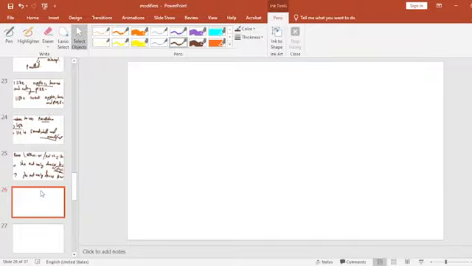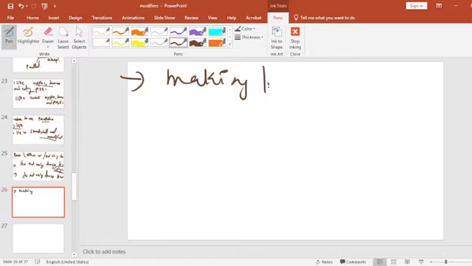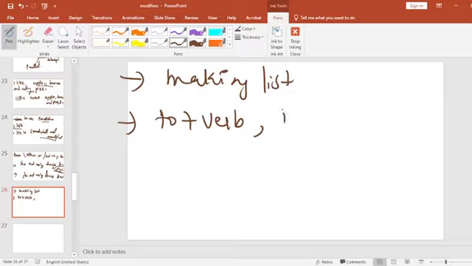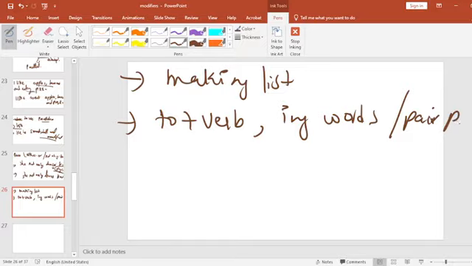The tricks for parallelism would be like this. When you're making a list, look for words like to plus verb, or ing words, or just plain words. There you can find parallelism.